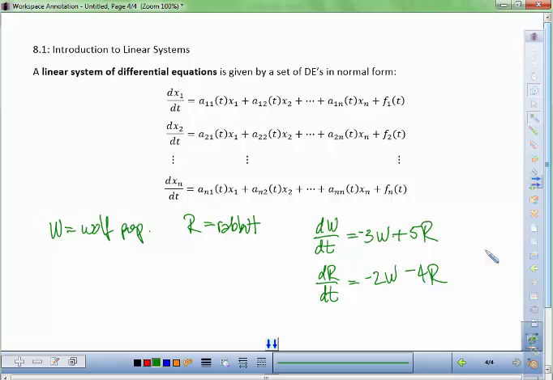And this is a linear system. In our case, the general system would have other functions that could be out here. And if we have other functions out here, then that would be non-homogeneous. But in this case, if there are no other functions aside from the wolf and the rabbit population, then it would be a homogeneous system.